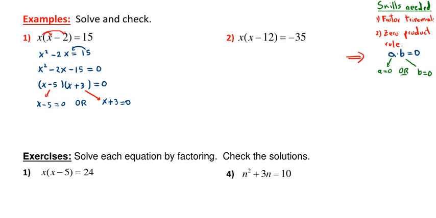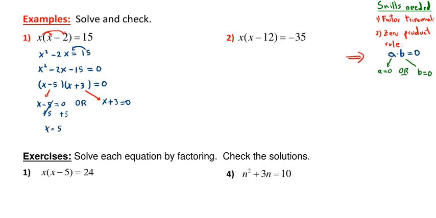We are also using the inverse operations. I need to move this -5 to the other side. It should go adding on the other side, or we simply add 5 on both sides. So that gives me x is equal to 5, because 0 plus 5 is 5.